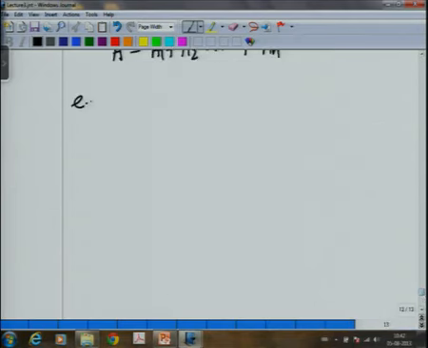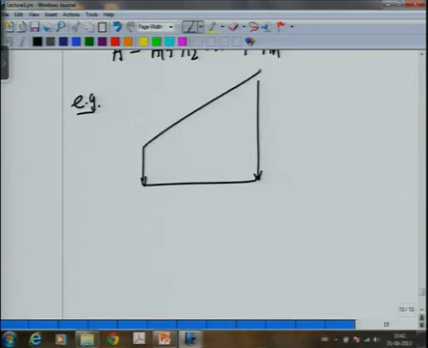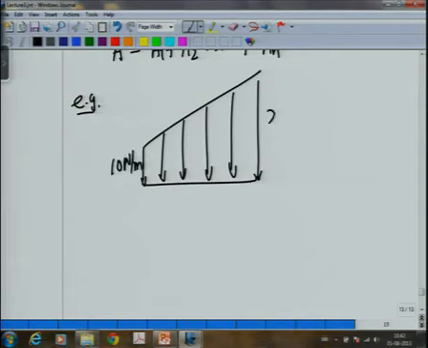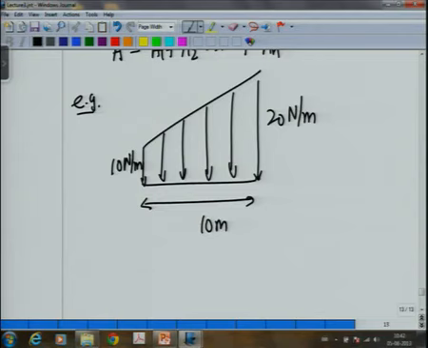So, for example, you want to find the equivalent due to this type of loading.